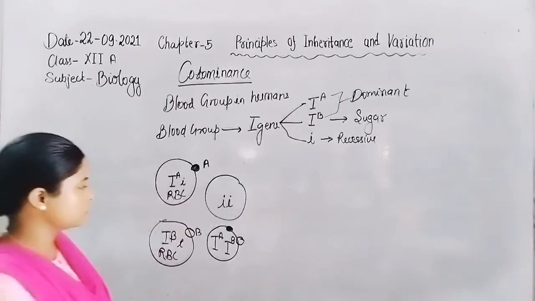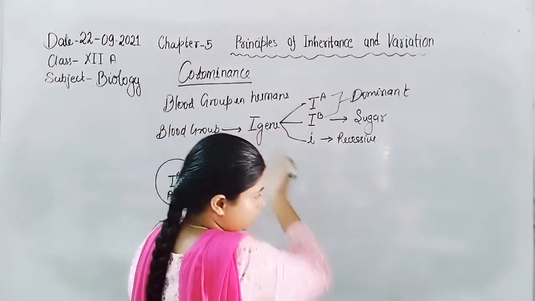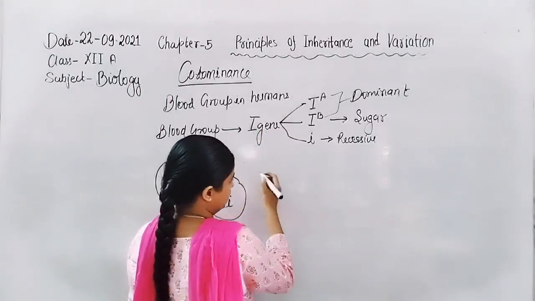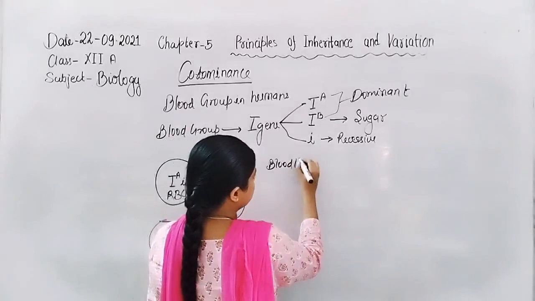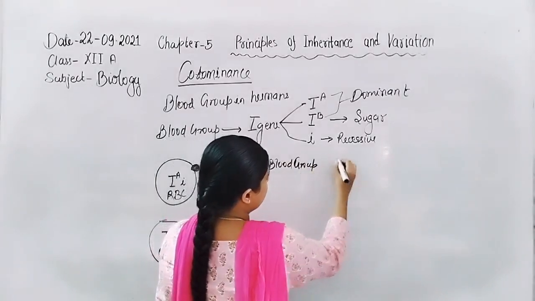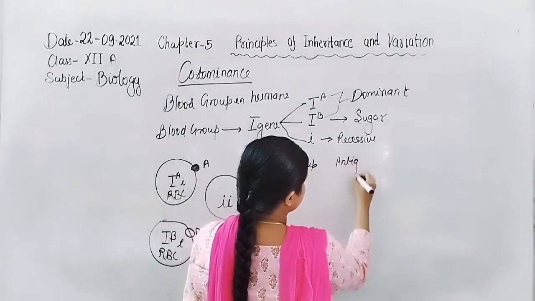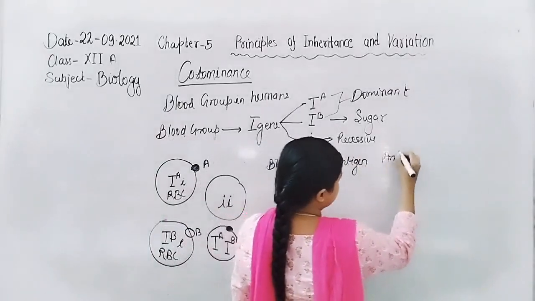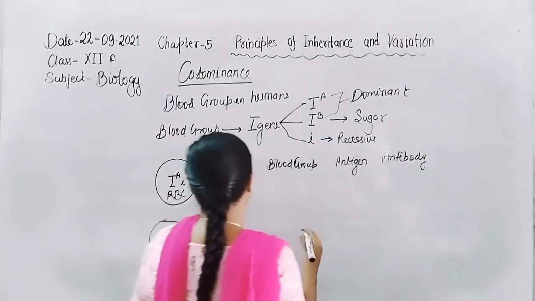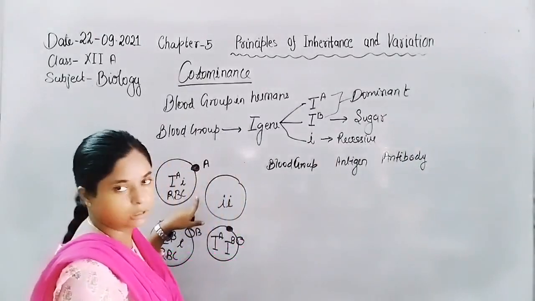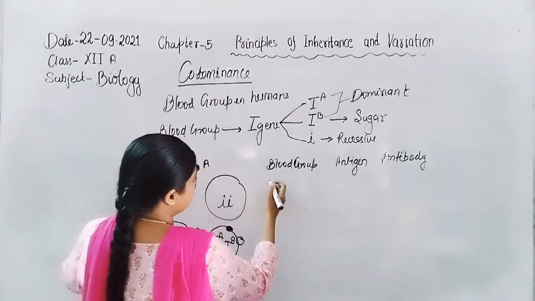Now let us discuss the blood groups of humans. So here are the blood groups, the antigens, and the antibodies, showing which type of antibody destroys which type of sugar. Here are the genes, alleles or genotypes.